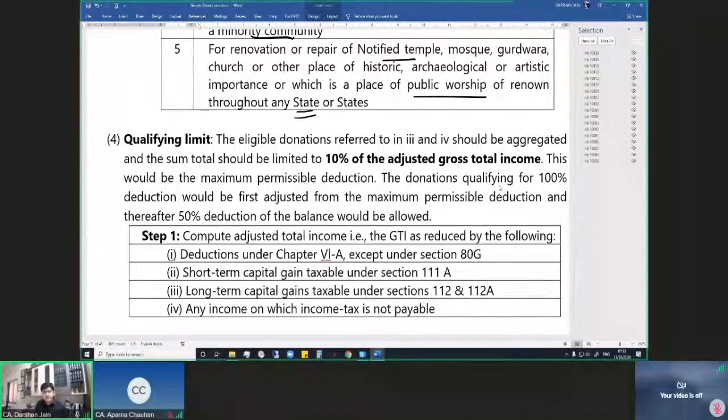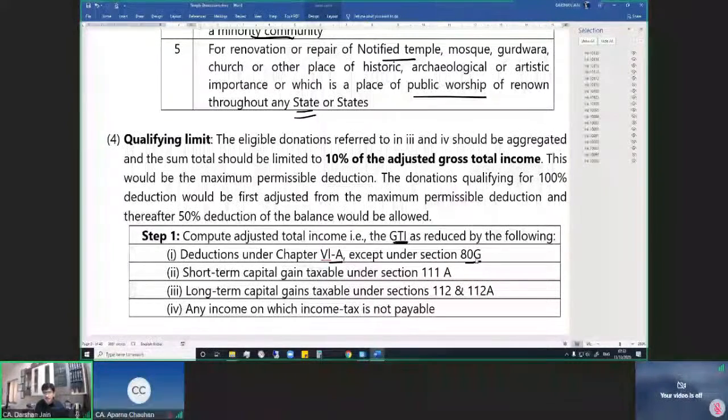Out of whatever you've calculated as gross total income, you have to deduct all the other items of deduction under Chapter VI-A to arrive at the adjusted gross total income. So your adjusted gross total income would mean your regular gross total income as reduced by deductions under Chapter VI-A except for section 80G. So barring 80G, all other deductions you claim, right?